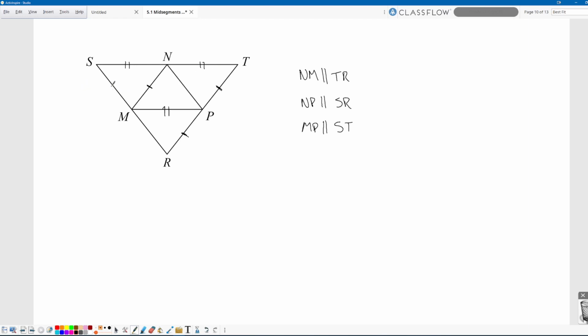And then SM, MR would be congruent with NP. We already know that SM and MR have to be congruent to each other because M is the midpoint. But because it's cut in half to get your midsegment, those would also match up. So you end up with a bunch of congruent segments when you have this.